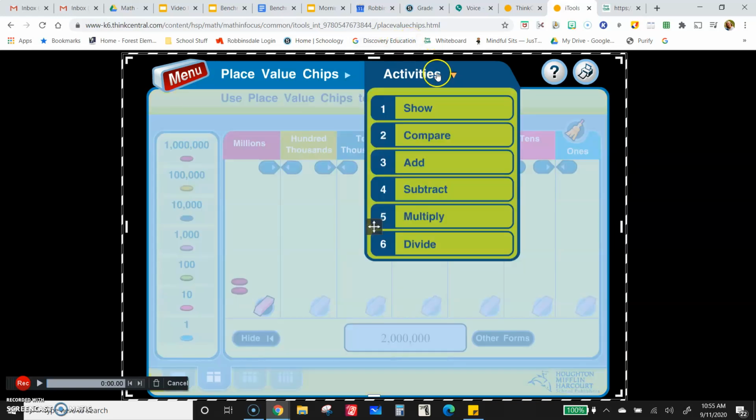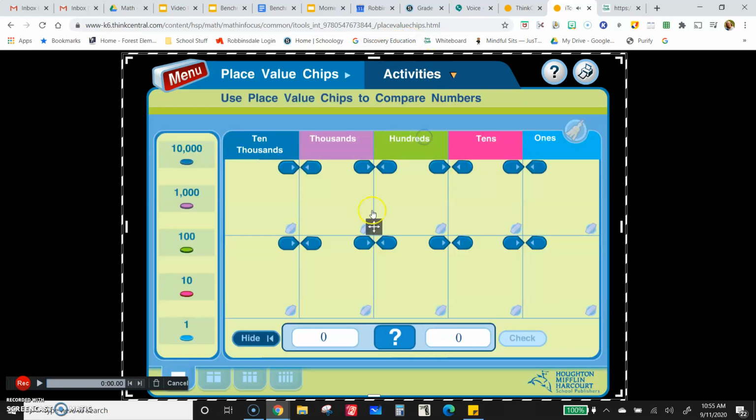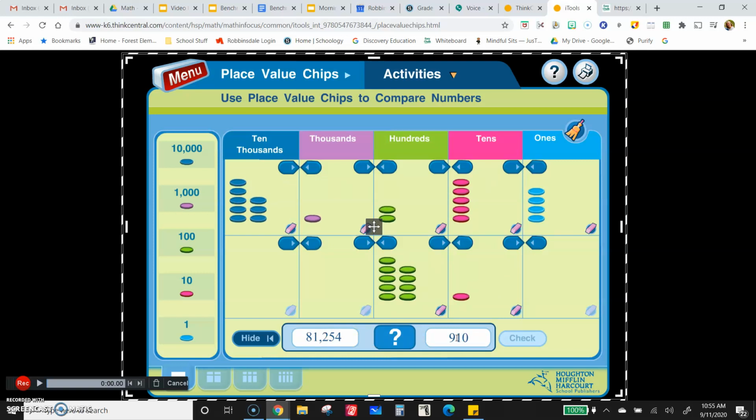Okay, let's do some comparing. If I have 81,254, I'm going to compare it to 91,254. Oops. Goodness gracious. What are my numbers doing?